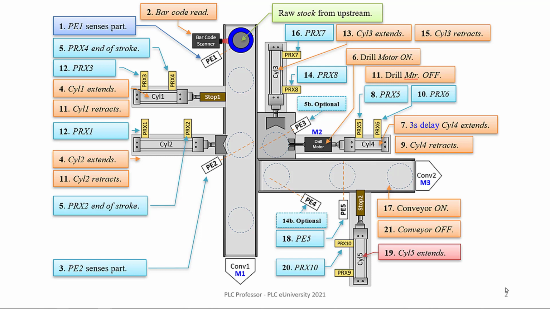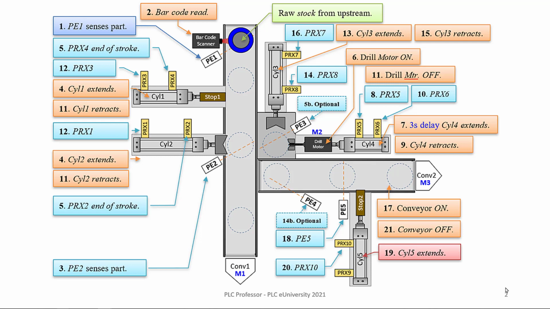We don't want to leave the conveyor running with the part stationary and have it scuff the bottom of the part. So that's kind of the long and the short of it, without going through all the individual steps. PE1 senses part, number 2 barcode is triggered, it reads a barcode, and if that barcode says yeah, this needs bored, then number 3, PE2 senses the part, and then cylinders 1 and 2 are going to extend, and so on and so forth.